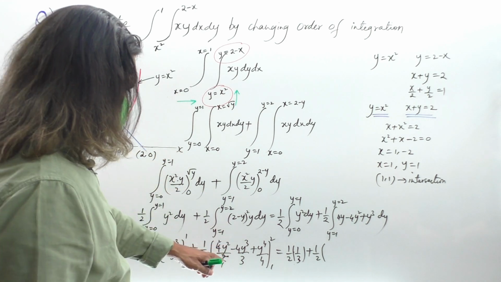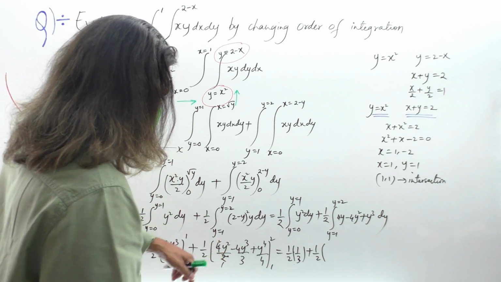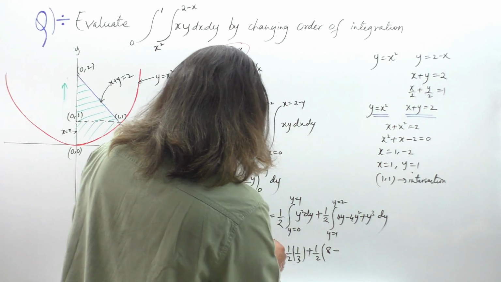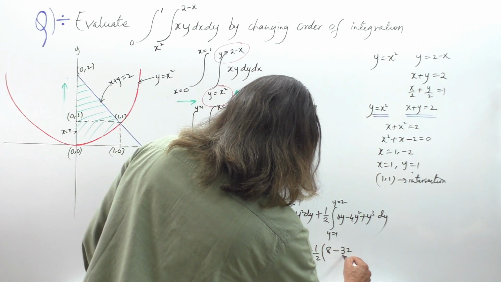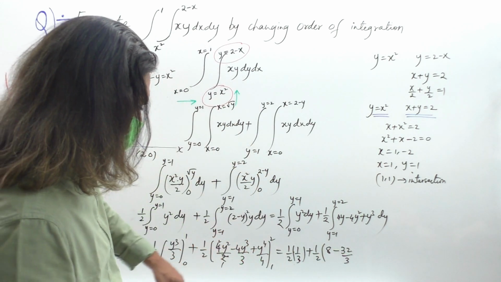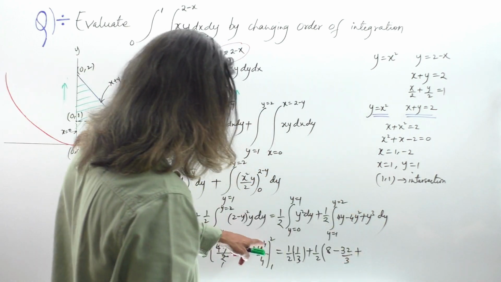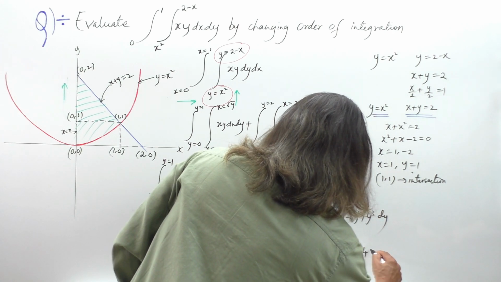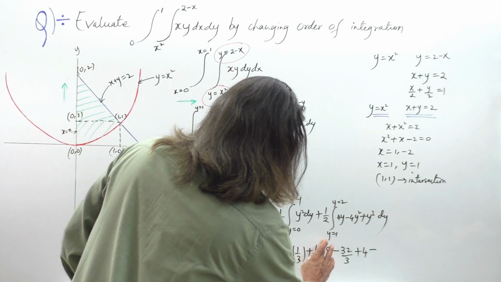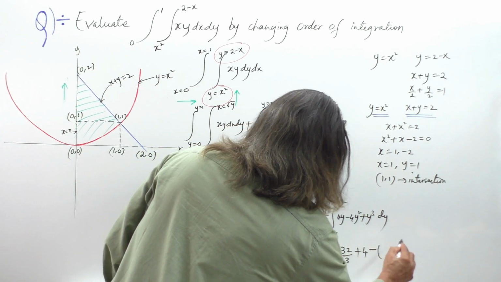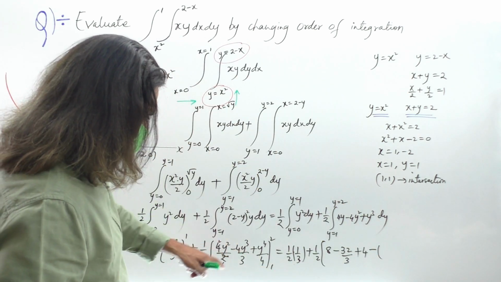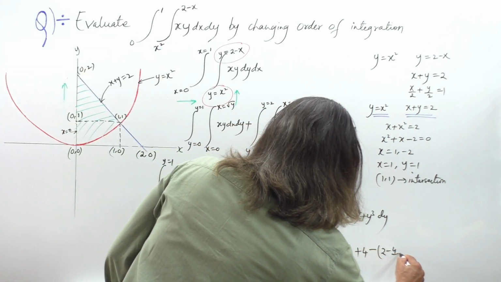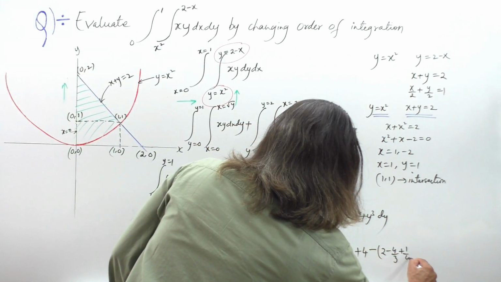In place of y put 2: 2 square is 4, 4 twos are 8, right, 8 minus 32 by 3, 2 cube is 8, 4 eights are 32, plus 2 raised to 4 is 16, 16 by 4 is 4. Fine, minus, and when I apply the minus, I told you always use a bracket, okay, minus, in place of y put 1, so this will be 2 minus 4 by 3 plus 1 by 4.